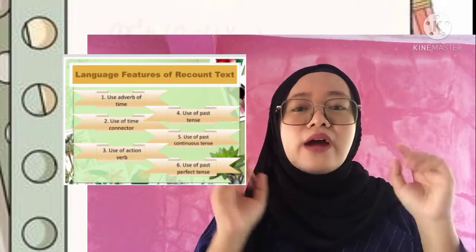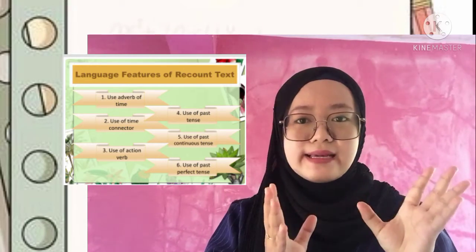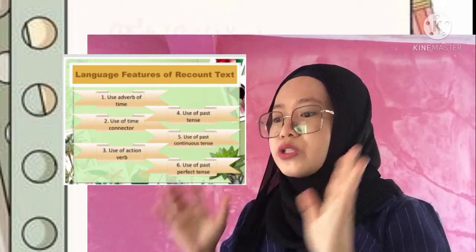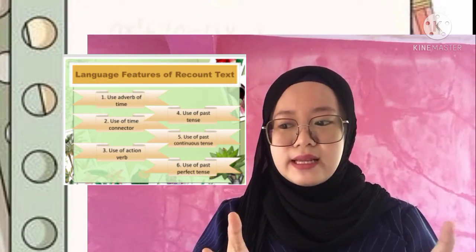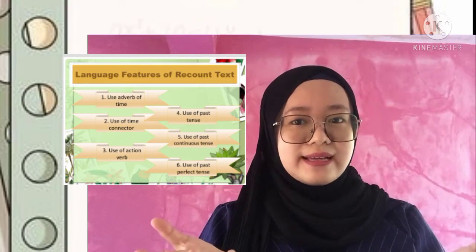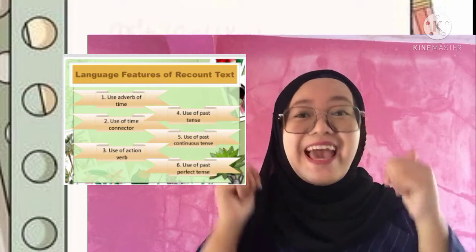Yes, of course, recount uses past tense. And then the fifth is the use of past continuous tense. And the last is the use of past perfect tense. So, do you understand about that? Yes, good.